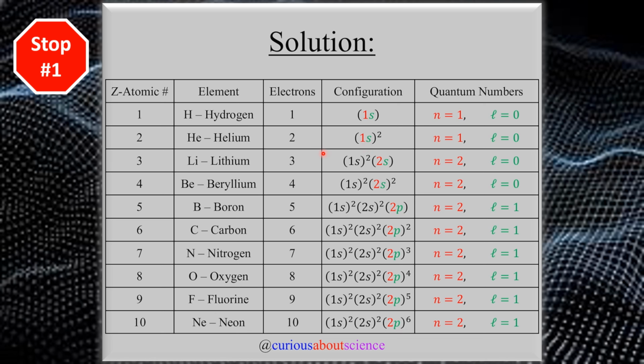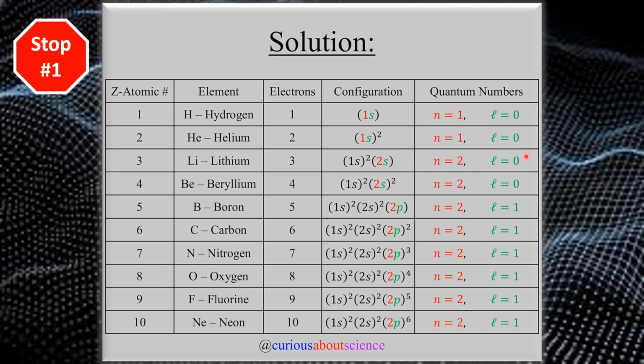The next one we have to be careful of is lithium, because we have 3 electrons. This tells us that we can't be in the first orbital, we have to go to the second. Hence, we add a 2, and we're going to be in the l equals 0 case, because quantum numbers don't go up to l equals 1 just yet. We're still trying to complete the singlet states first. So we have 2 for the principal quantum number, so that tells us we're in the second orbital shell.